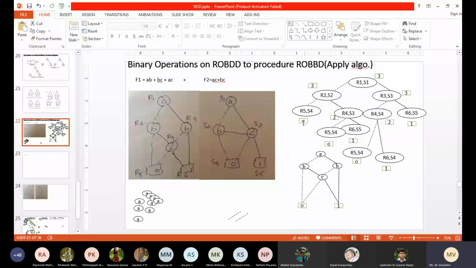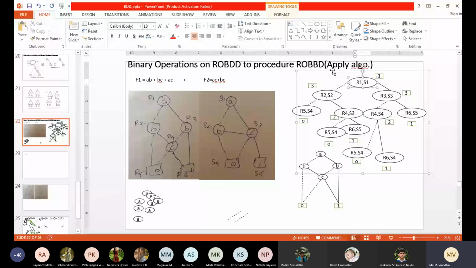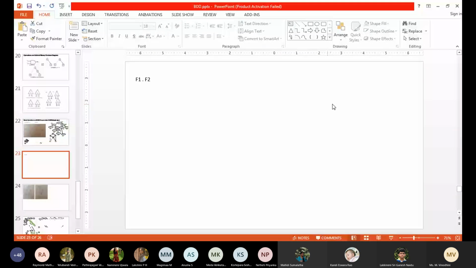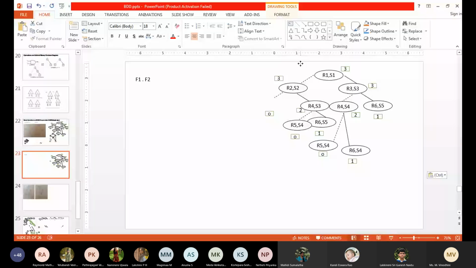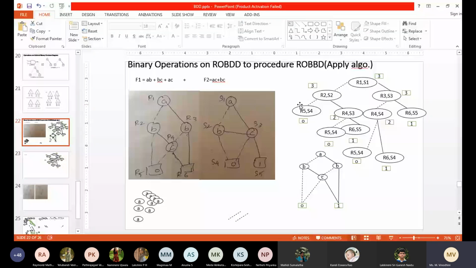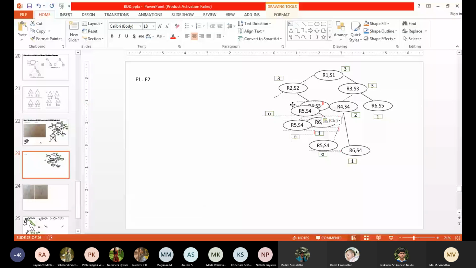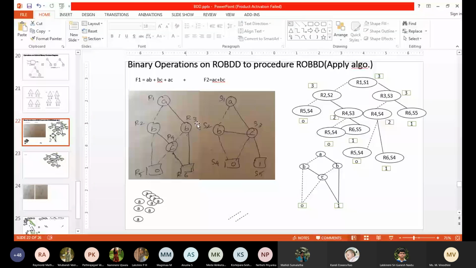Okay, assigning these values will change now. So now you all start drawing F1 dot F2.